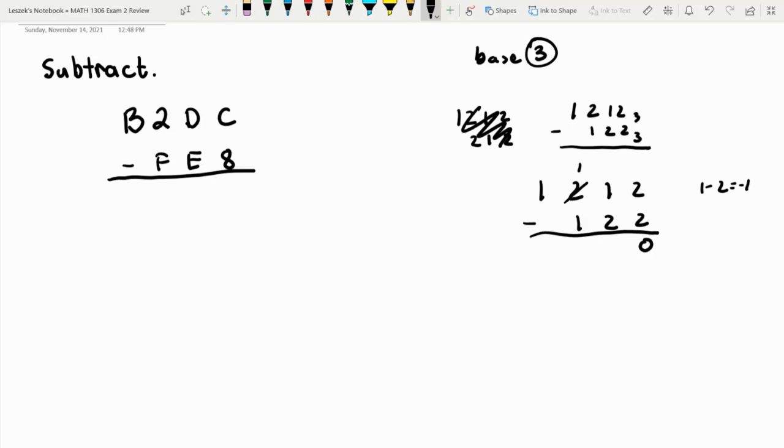So if you borrowed a 3 over here, then this would become 3 plus 1 or 4. And then we go 4 minus 2 is 2. And then 1 minus 1 is 0, and 1 minus 0 is 1.